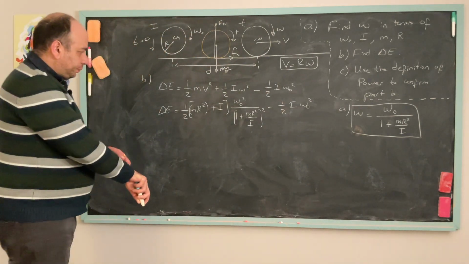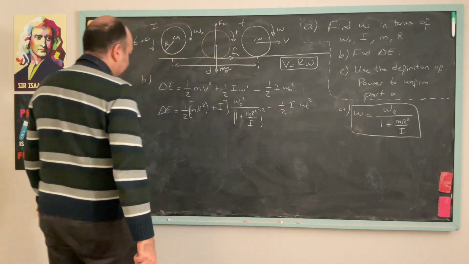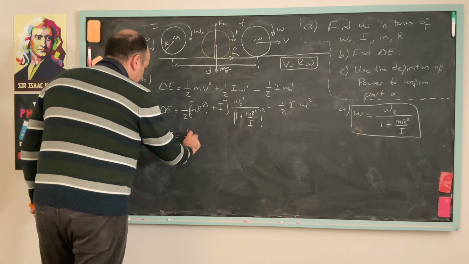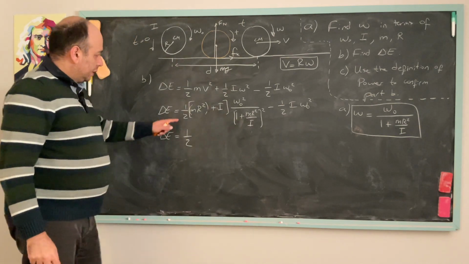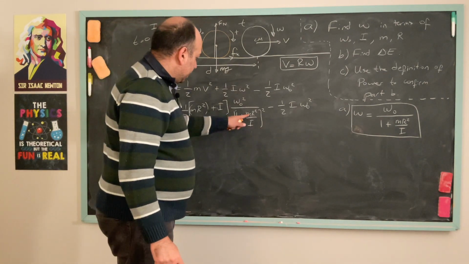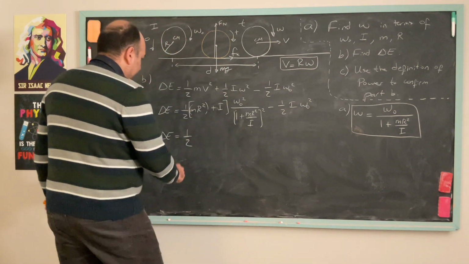Good. So here I can simplify it a little bit more. So delta E is going to be equal to 1/2 mR square plus I, and I'll have mR square plus I if I equate the denominators here.